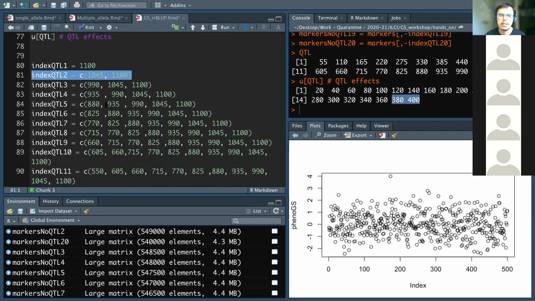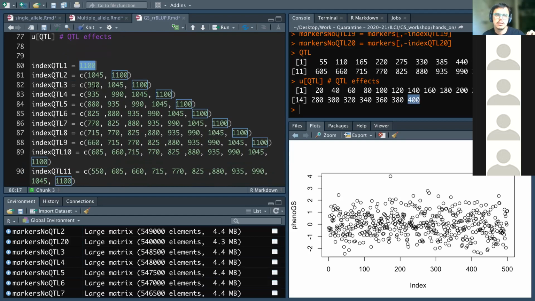Yeah, but Antoine, these are just the physical positions of the QTLs. Just look, I started using the QTL with the highest effect, that is the QTL that has 400. And for the second one, I include another QTL with the highest effect.